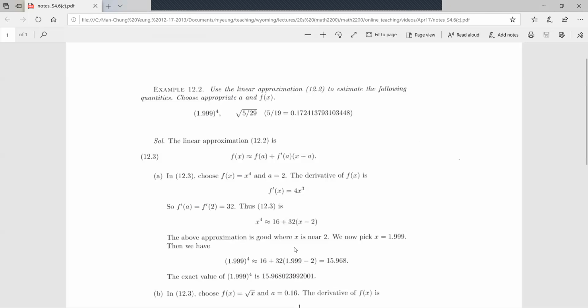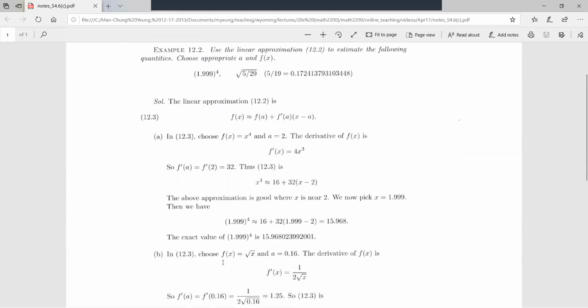Okay, now the second quantity. First, by calculator, 5/19 is this number. Now, to use this formula to estimate this quantity, we need to determine what x is, what a is, and what the function f is.